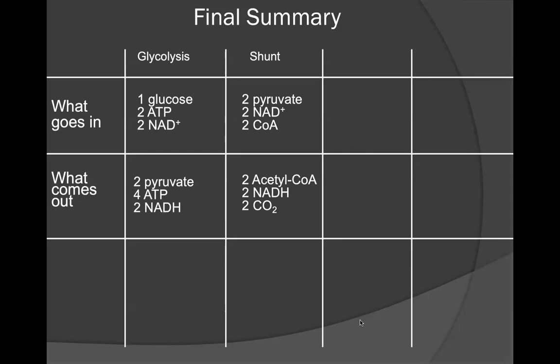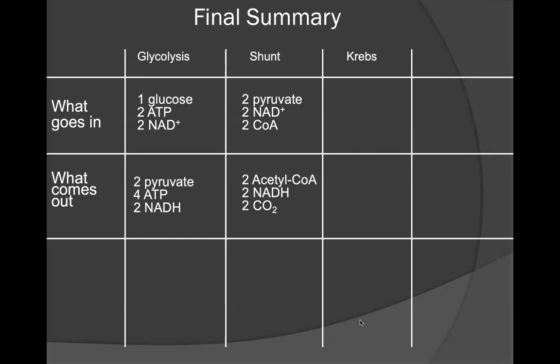We're also going to be producing 2 carbon dioxide molecules because we are losing a carbon off of each pyruvate. And we're also generating some electron carriers as well. Every time we produce a carbon dioxide, we can generate an electron carrier. And we have 2 pyruvates coming in, so we have the opportunity to do that twice.